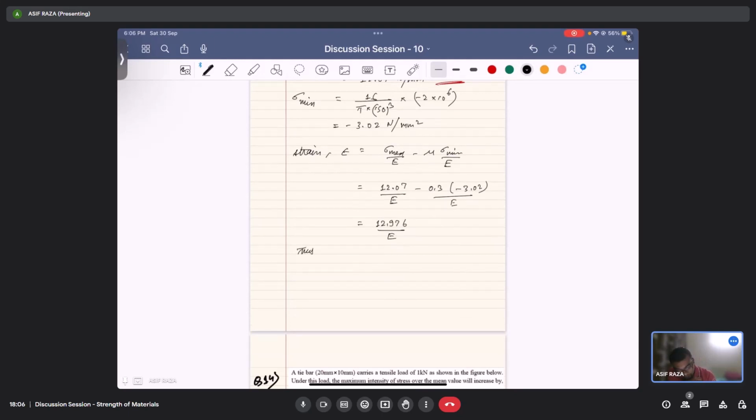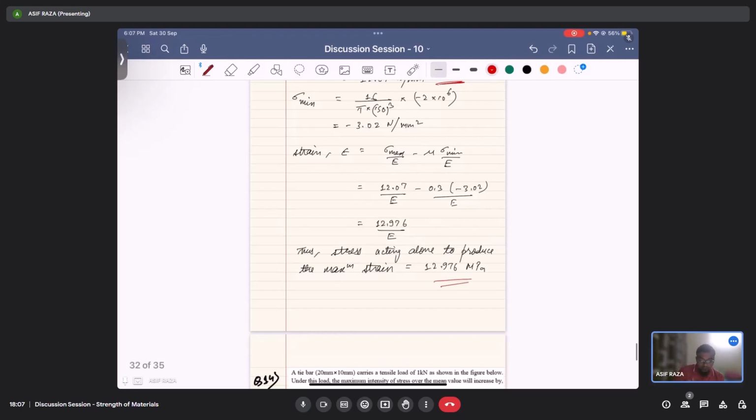So you can write this thing. This stress acting alone to produce the maximum strain would be 12.976 megapascal.